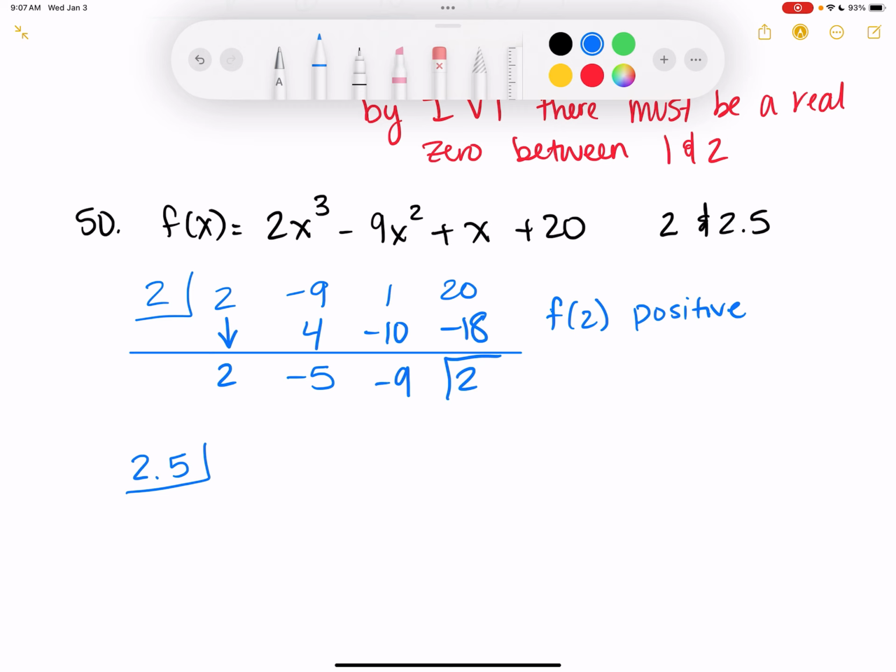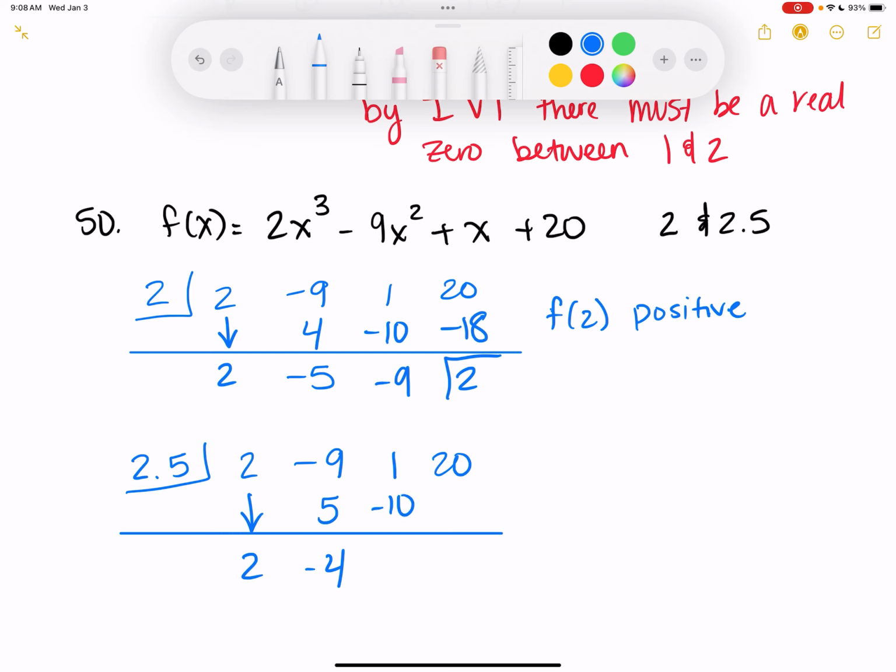Then 2.5 for the other one. Same numbers getting copied down. Bring down the 2. 2 times 2.5 is 5. Minus 9 is -4. Times 2.5, that's going to be -10. Plus 1 is -9.